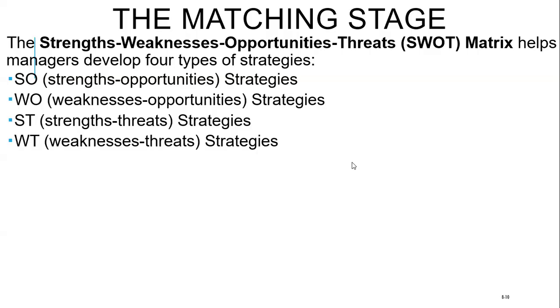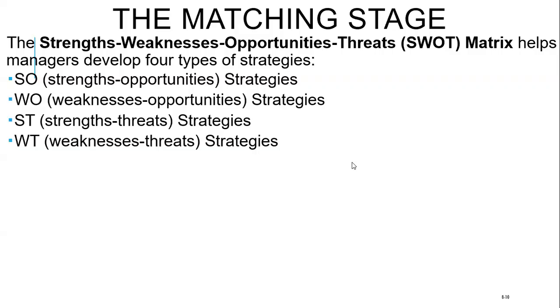So whenever you cross-reference them, you will eventually get SO strategies, which means that the organization is trying to capitalize on its strengths to seize opportunities that exist out there. Then we also have WO strategies, wherein an attempt is made by the organization to correct its weaknesses to take advantage of opportunities that exist out there.